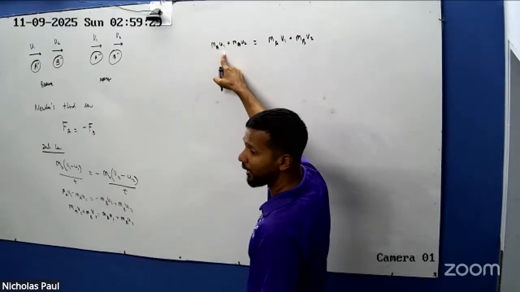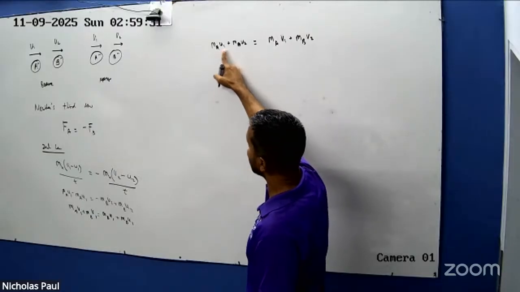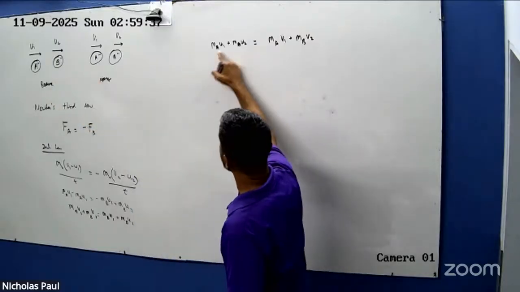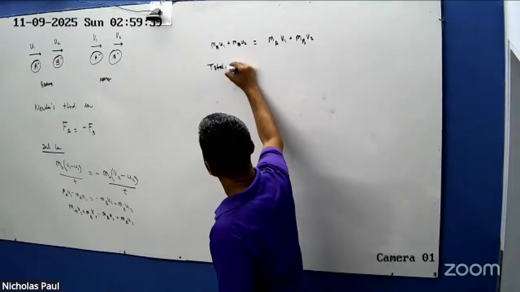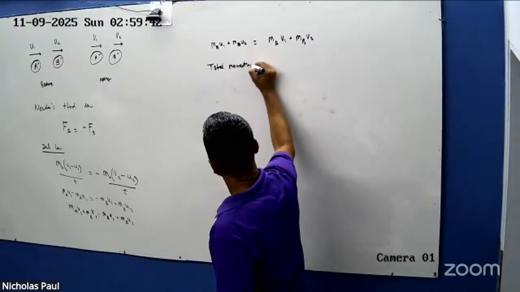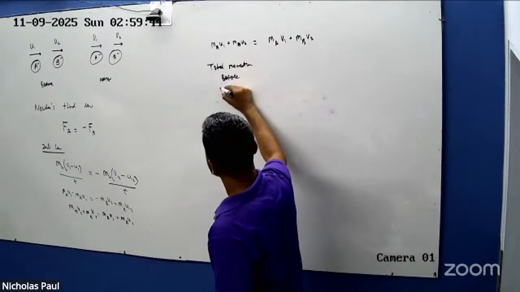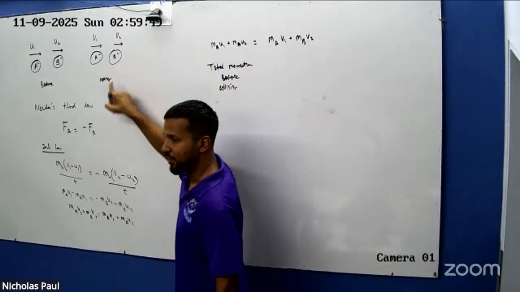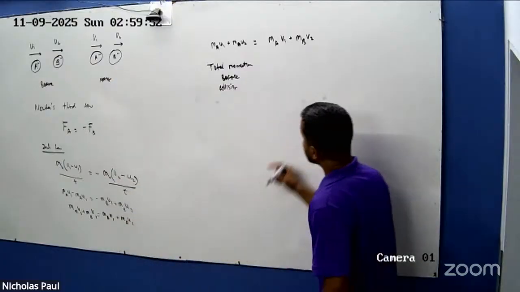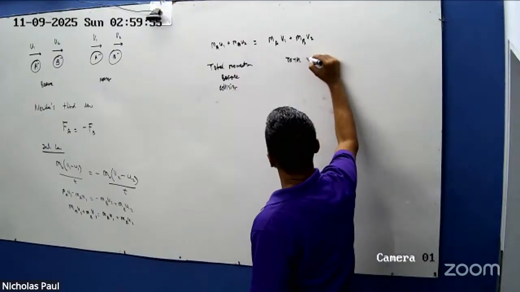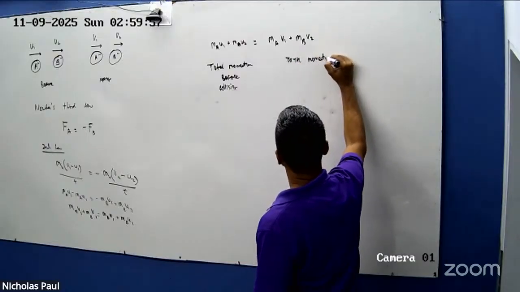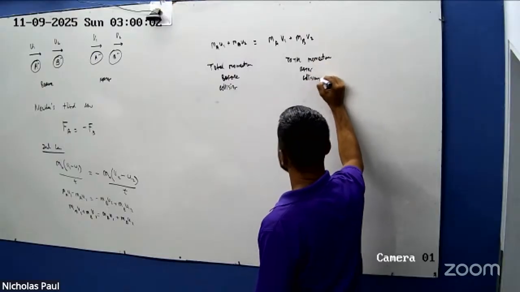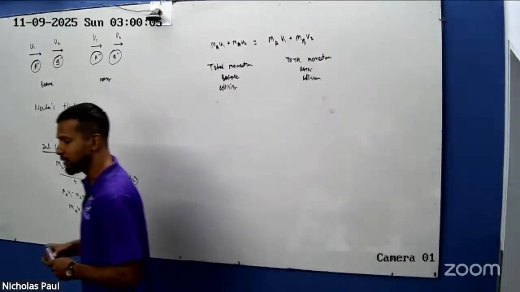Mass times velocity for A, mass times velocity for B. So this whole thing here is your total momentum before collision. After they collide, you will have the total momentum after. So what we have there is the conservation of momentum.